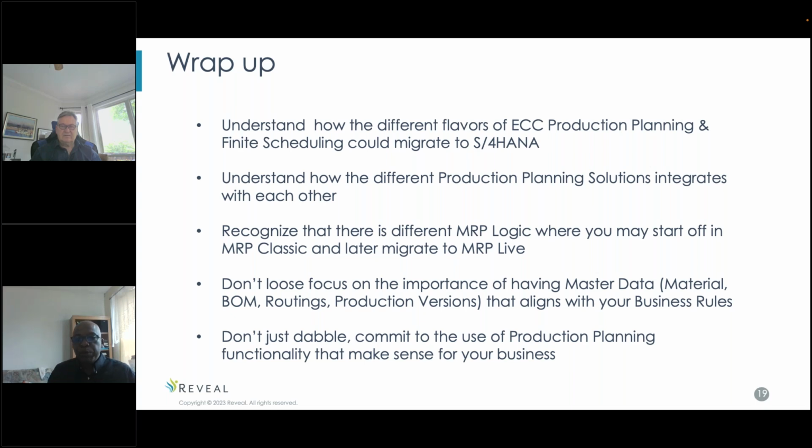Don't lose focus on the importance of having accurate master data in terms of bills of materials, routings, and production versions, which aligns with your business rules. The whole point is that regardless of which solution, be it ECC, S/4HANA, or PPDS, when MRP runs, you want it to generate supply objects that are a pretty good representation of what takes place on the production floor.